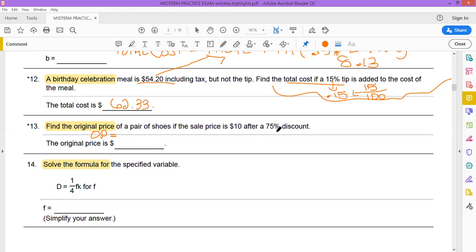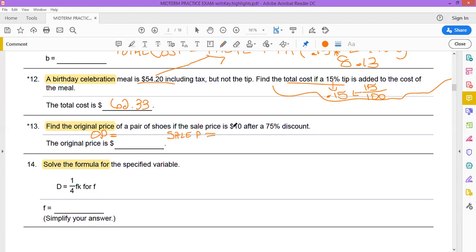To find the original price, when we know we had a discount, we'll take the sale price, since we know we got a sale price of $10.